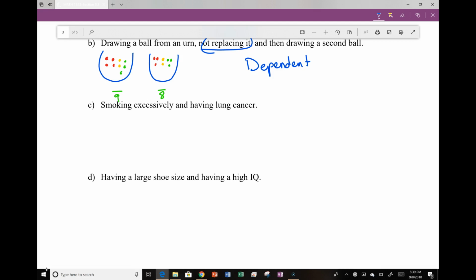Just looking at those two characteristics, does one person have a higher probability of having lung cancer than the other? Yes, because we know that smoking could possibly lead to lung cancer. Not always, but it has a higher probability. So these events are dependent.